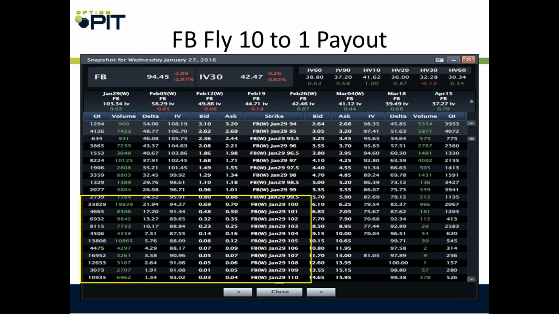So here's an old Facebook one. Look at the 10 to 1 payout on any of these flies that you set up. Facebook is trading 94. They're looking for about a $5 move. So if I buy the 100, 102, 104, or the 100, 103, 106, that's 70 plus 7.